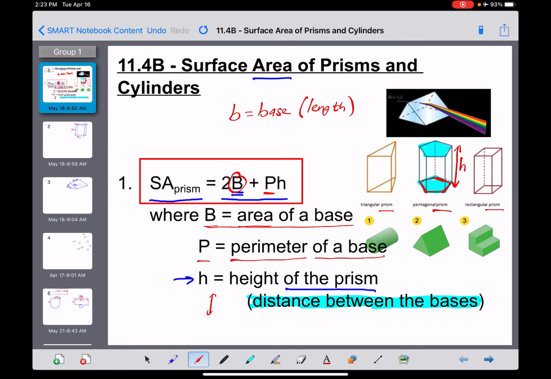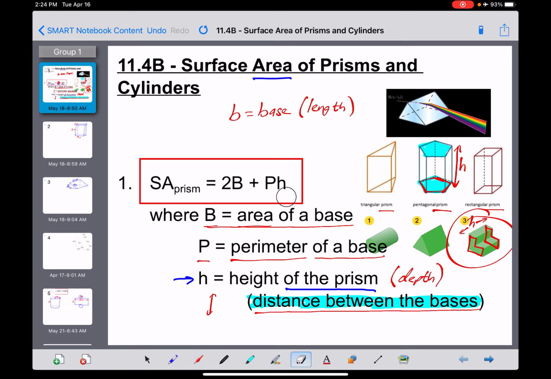But if your prism runs a different direction, like maybe this weird staircase problem here, your bases are going to be this side right here, and then there's another one on the back of this figure, congruent and parallel, and the height now is the distance between those bases. It doesn't run up and down. So if you can remember the phrase distance between the bases, and in that regard, maybe the word depth would be a better word right there, I think you guys are going to do okay with height.